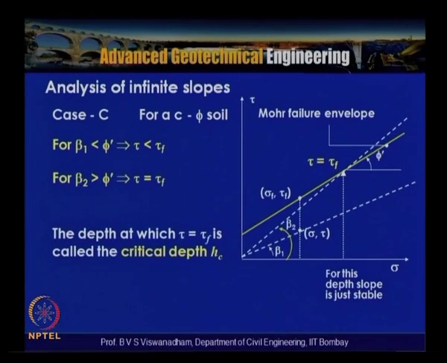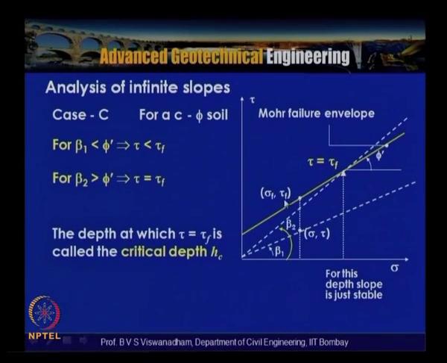This is particularly represented here, wherein, in a tau sigma plot, the depth at which tau is equal to tau f is called the critical depth. That is what we discussed, when Z tends to ZC.